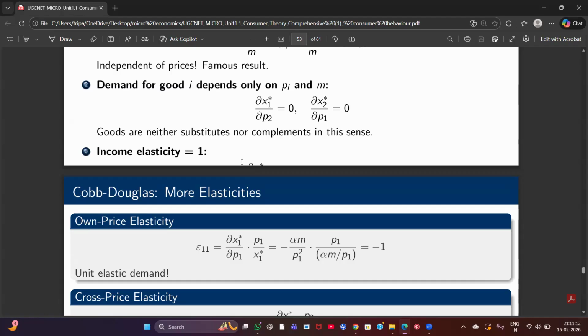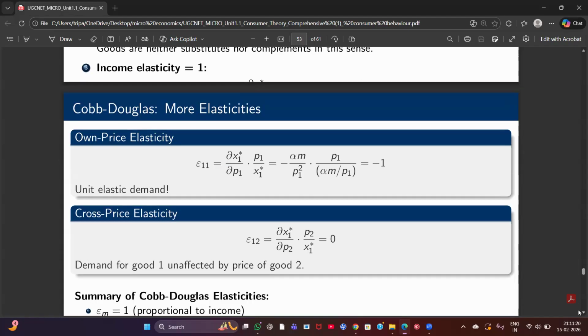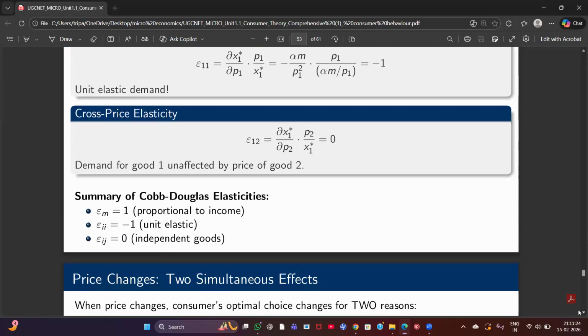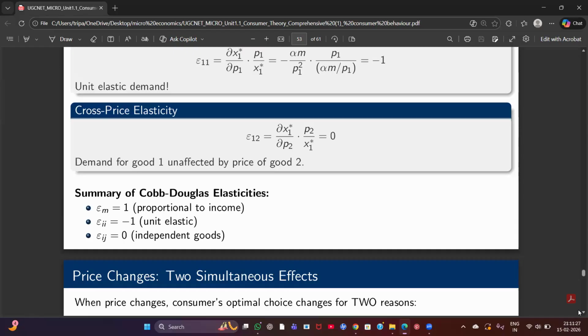Similarly its own price elasticity equals -1 and cross price elasticity equals 0. Why? Because the two commodities are unrelated commodities, so their cross price elasticity will be equal to 0.